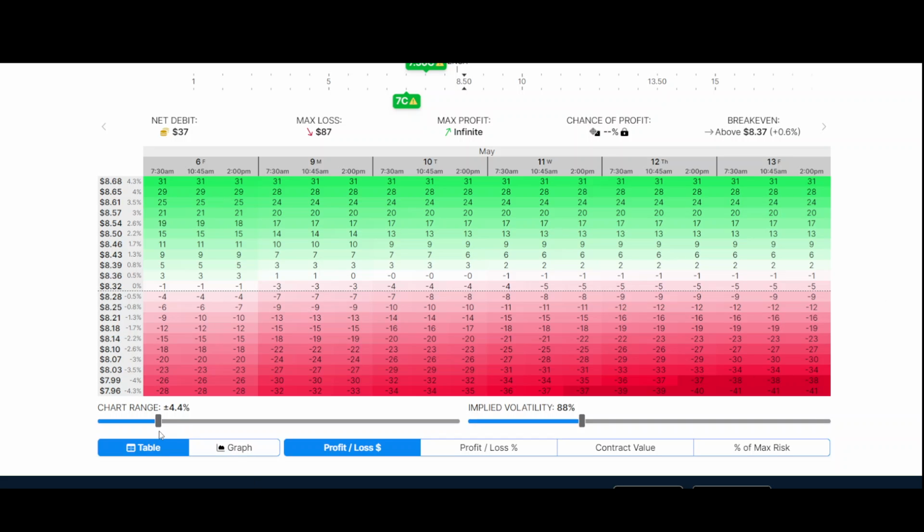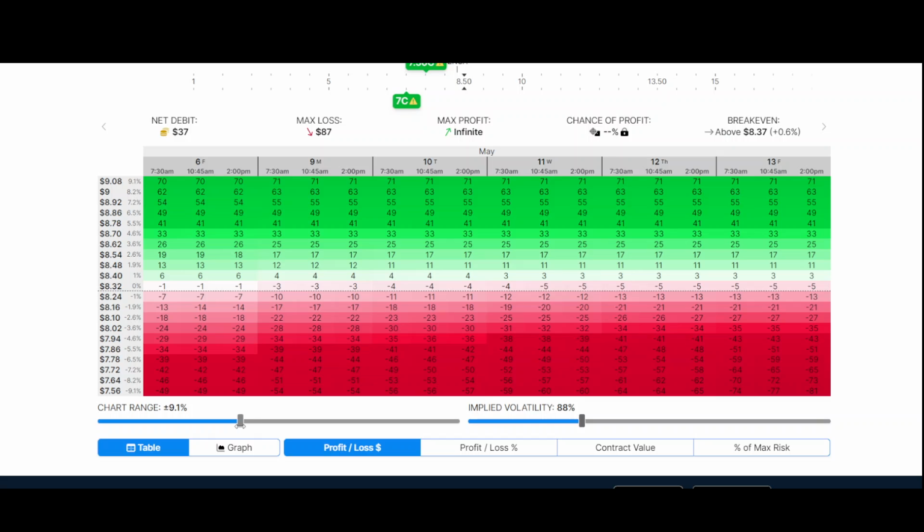Now let's move the chart range around a little bit to $9 like we predicted. There, now you can see $9 on this left side. If it's at $9 at 2 p.m. on Friday the 13th, which is the expiration date we chose, then we'll be up $63. You can see this dotted line to the right of my mouse is where it's trading.